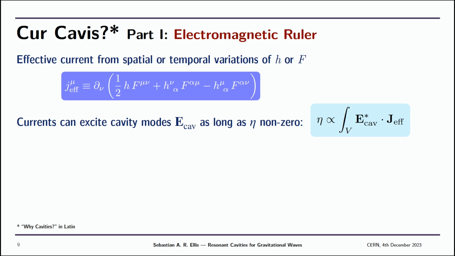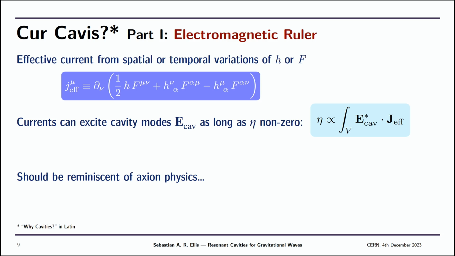If this overlap factor is non-zero in the volume of the cavity, then I will be able to excite the mode. So the question is, of course, which modes are excited, how much, and can we actually look for those excitations? So indeed, again, those of you who are familiar with axion physics should be thinking, hey, I've seen this eta parameter before.